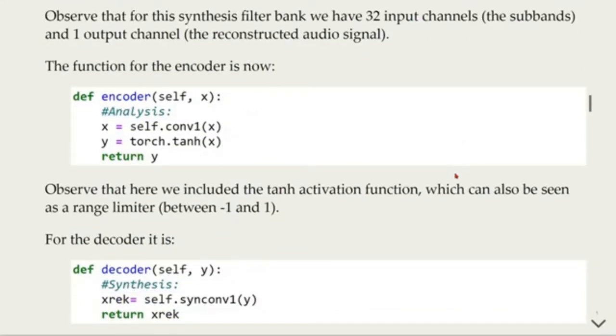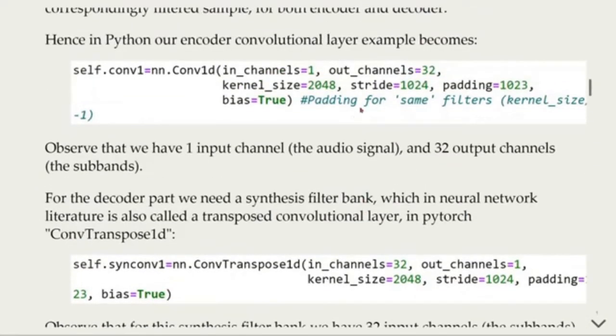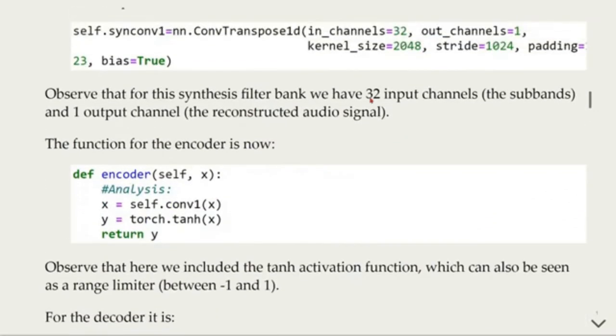The function for the encoder is now given here. So we will have our Conv1d layer given here that we're calling conv1. Then we will use the tanh like we mentioned before, and then we will return the output.